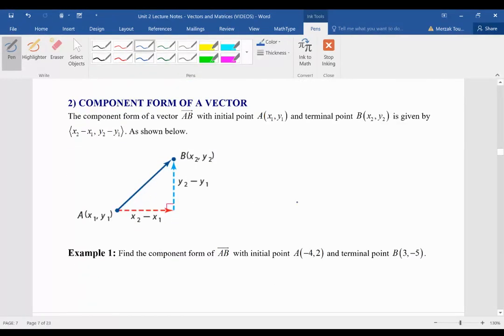We're still talking about the component form of a vector.